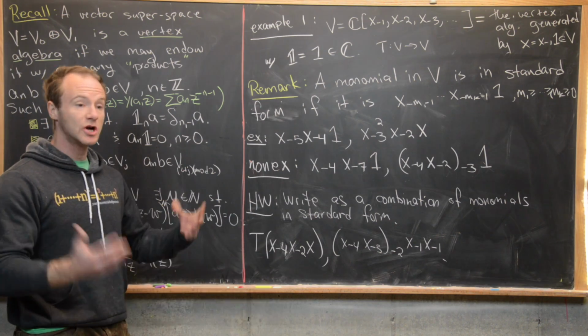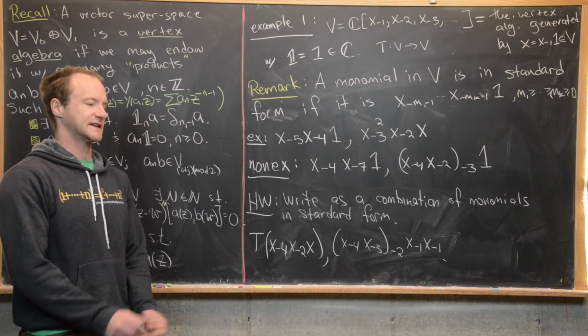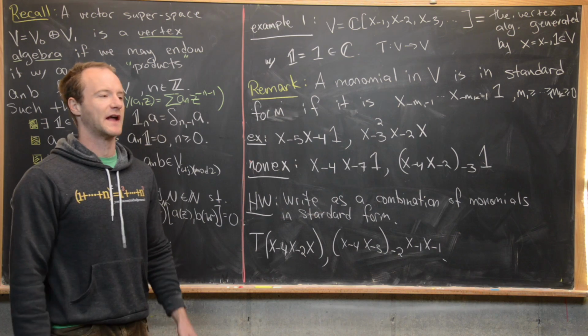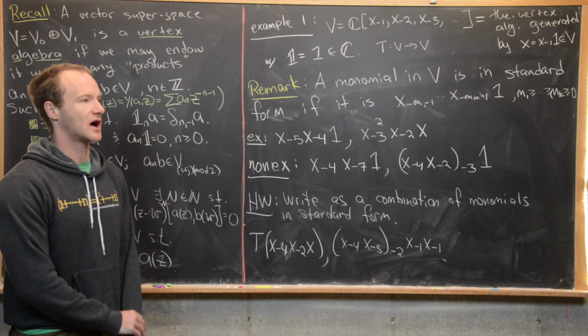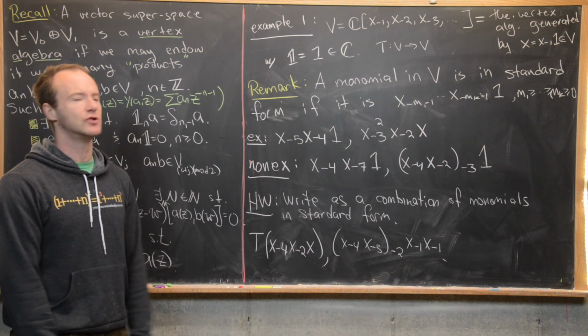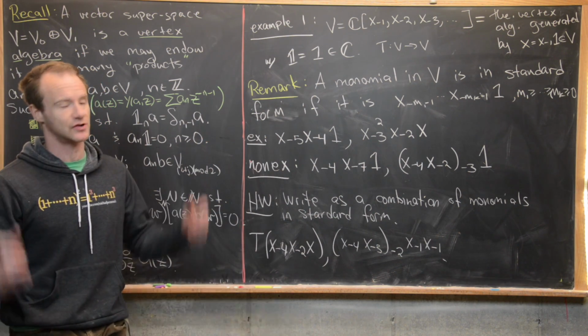Okay, so good news. We've finally got an example of a vertex algebra, but they're quite complicated, so it's useful to get your hands dirty. So I want to give you guys a couple of problems to try, but before we do that, I want to introduce the notion of a monomial in standard form.